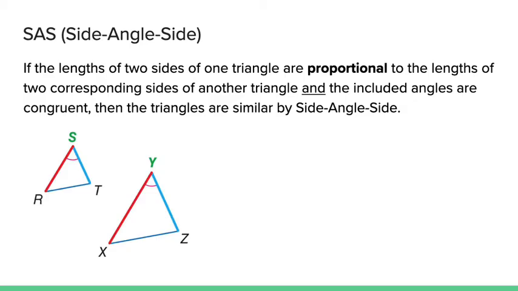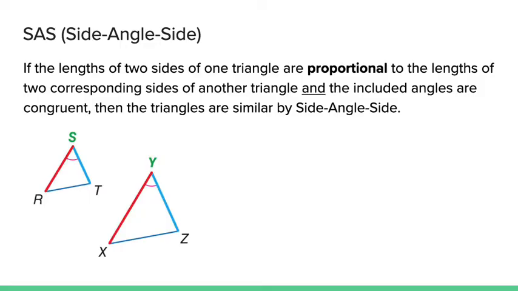If the lengths of two sides of one triangle are proportional to the lengths of two corresponding sides of another triangle, and the included angles are congruent, then these triangles will be similar by side, angle, side.